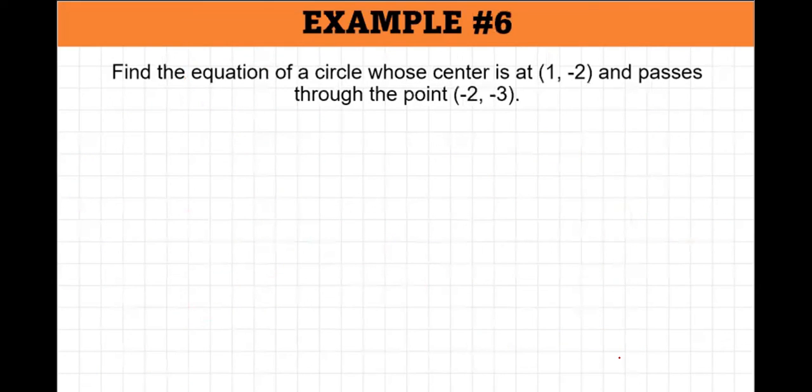So, find the equation of a circle whose center, you have one center and another point. Okay? So, hindi sa'yo binigay yung radius, but you were given a center and you were given a point. So, this is also easy kasi nga daw, this is your center (1, -2).